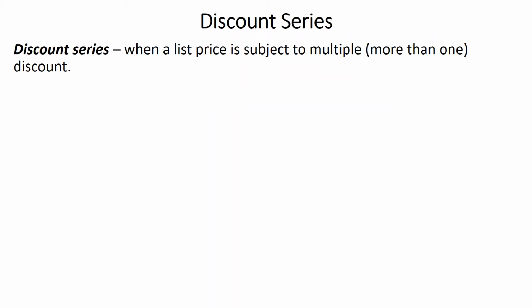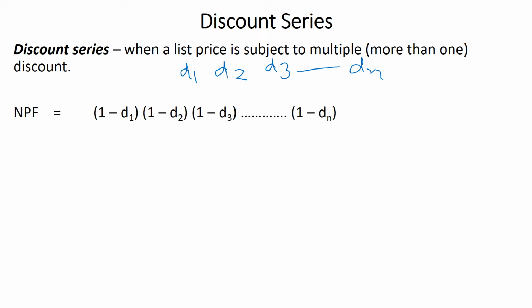Another type of trade discount is discount series, where we get multiple discounts against the list price. Let's say we are getting D1, D2, D3 and so on, n number of discounts in series. Then the NPF would be 1 minus D1 times 1 minus D2 and so on.